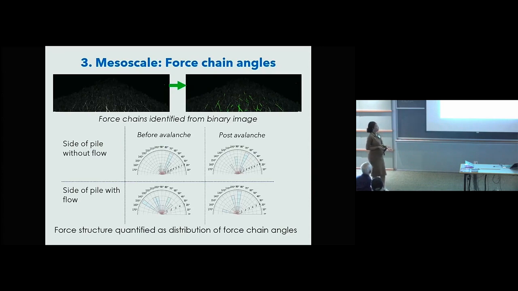Here I'm showing an example of the force chain angles, where I'm giving a distribution of our angles before and after an avalanche occurs. From our preliminary data, it seems that we get a wider distribution of force chain angles in the region in which our system will ultimately yield, and then lower force chain angles after that event occurs. But we still need to explore that a bit to see if there's really an interesting story to tell.